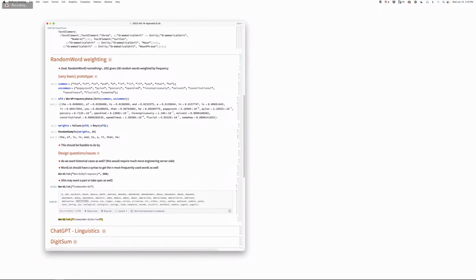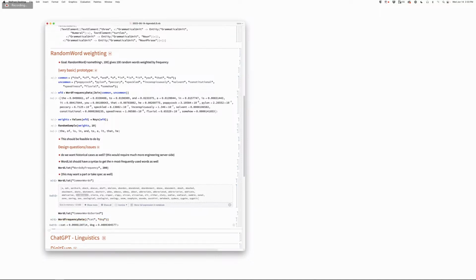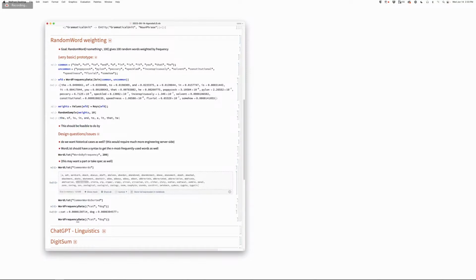I don't think we want to overload the frequencies. I mean, if we say word frequency data of cat and dog, okay, all right, we're getting that. I would have thought what we should do is just have a number here. Word frequency data of 20 gives the frequencies of the 20 most common words. See what I'm saying?